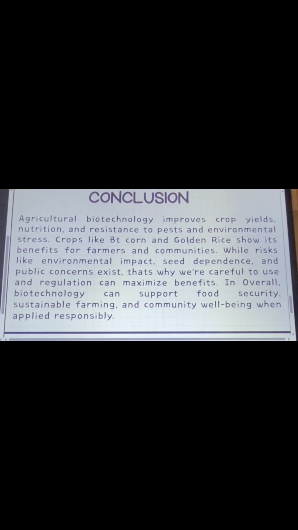Crops like Bt corn and golden rice show its benefits for farmers and communities, while risks like environmental impact, seed dependence, and public concerns exist. That's why we need careful use, and regulation can maximize benefits. Overall, biotechnology can support food security, sustainable farming, and community well-being with upright responsibility.